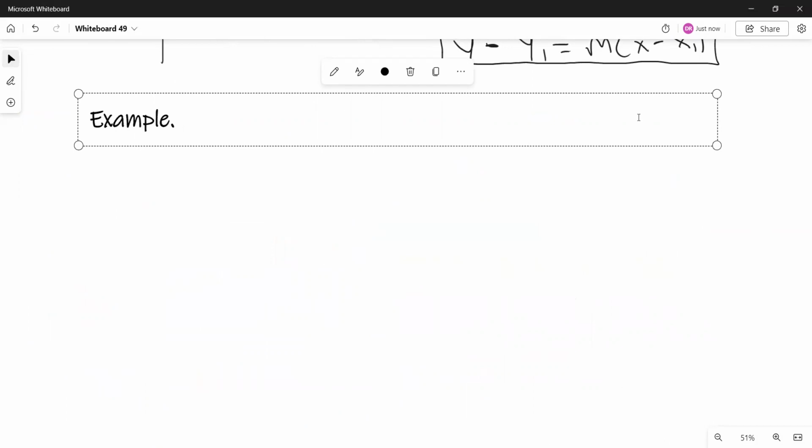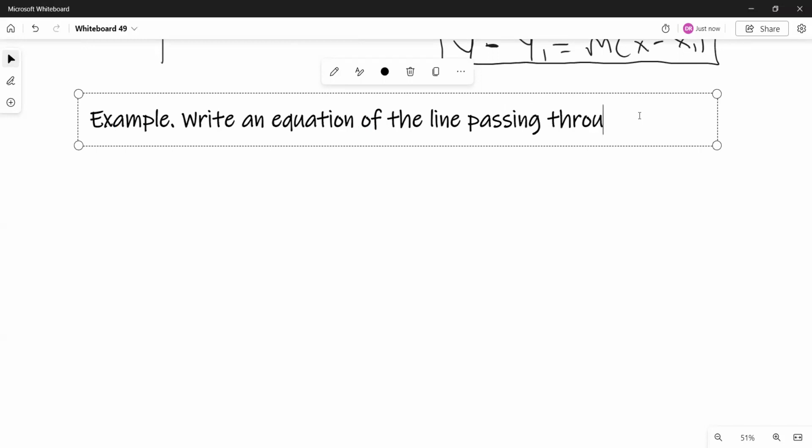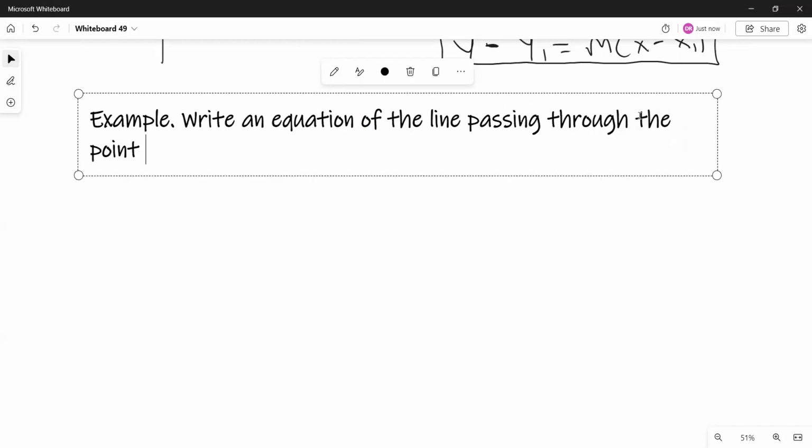Let's say we want to write an equation of the line passing through the point 3, 3 and having slope negative 1/3.